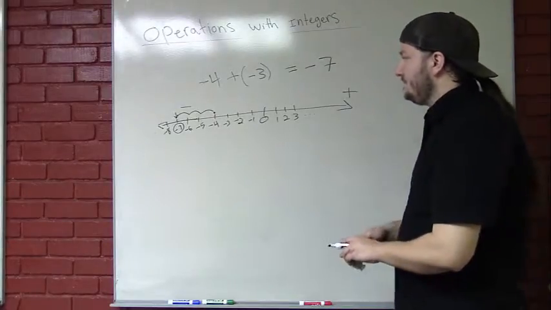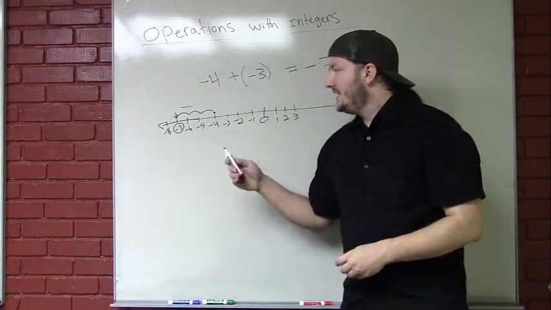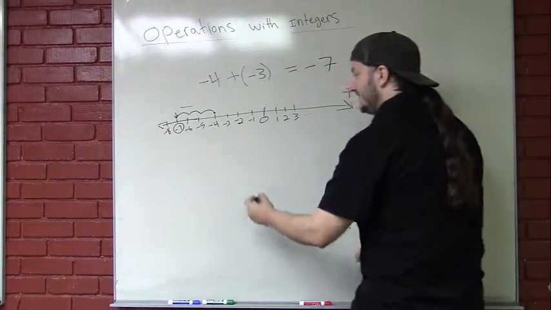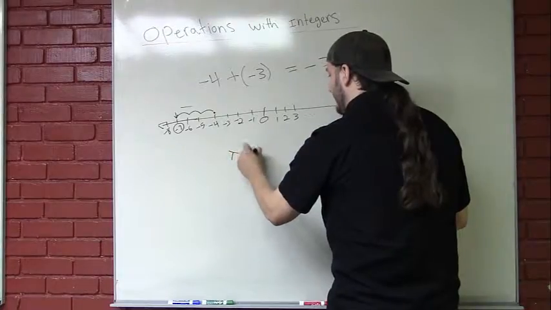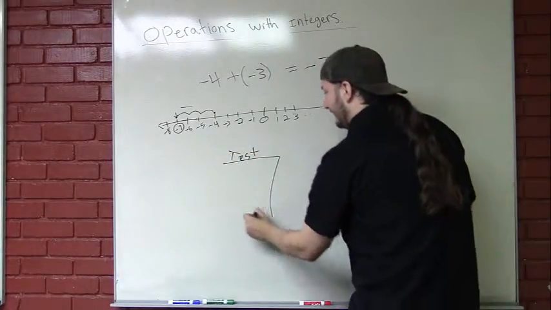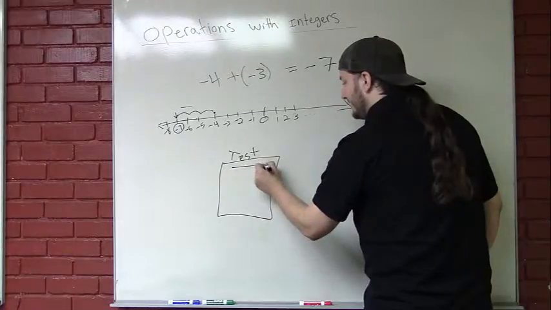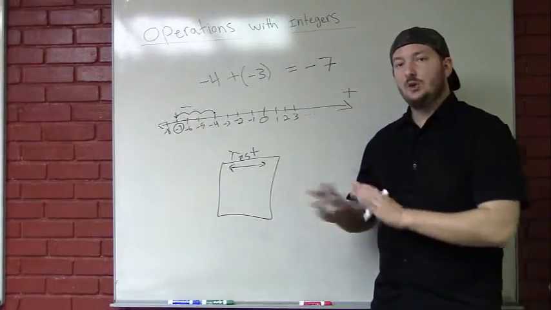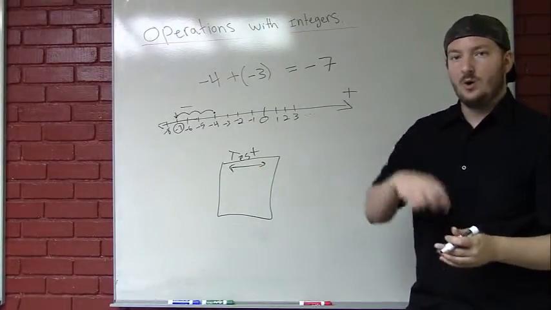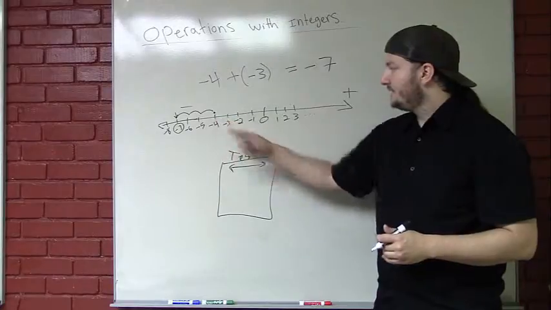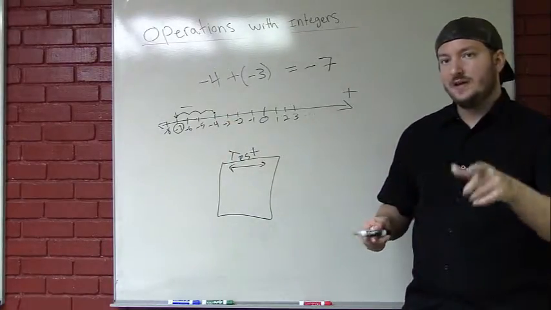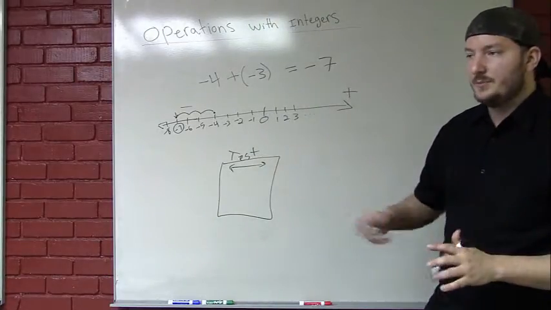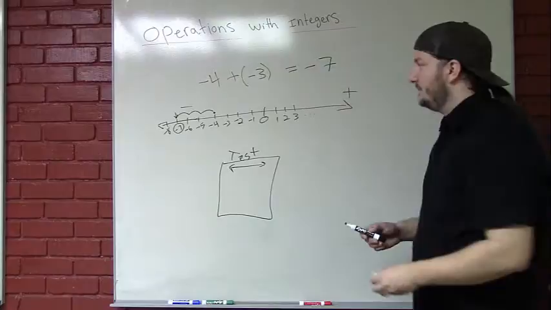So one trick you could do, if you really like the number line method, is on the top of your test, or even your homework, you can just draw one number line, and constantly use that to help you solve your problem. Instead of writing all over it like we did here, just point to it instead of marking it up so you don't have to erase it every time. And that's one way you could do it. Just draw one number line at the top of your test and just use that, or your homework.